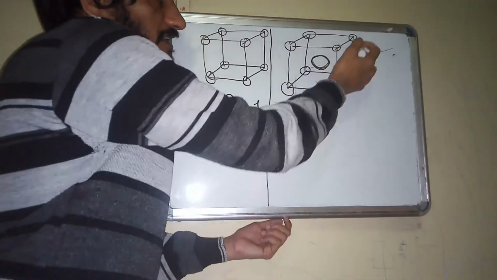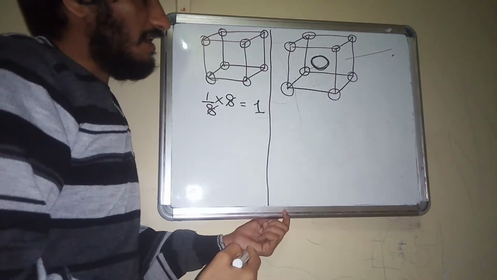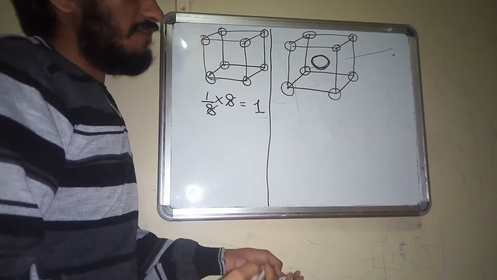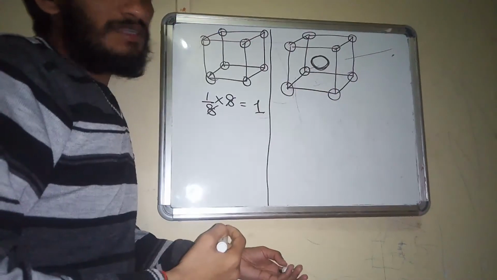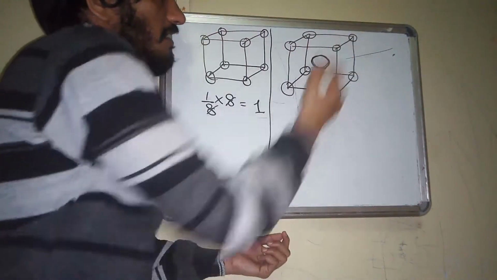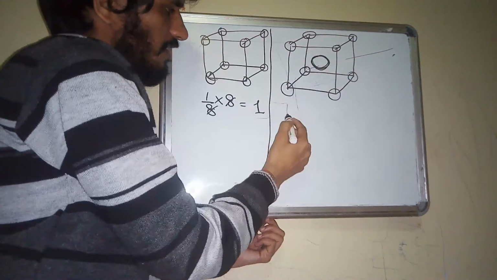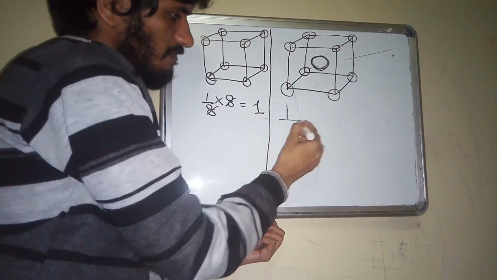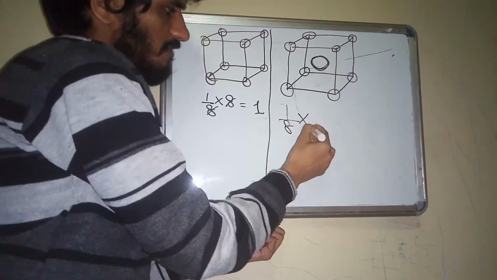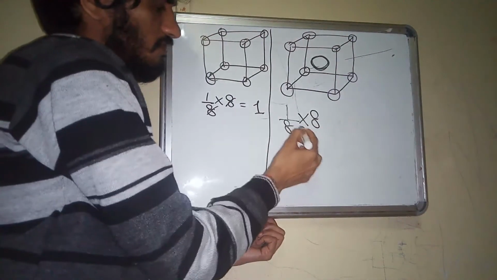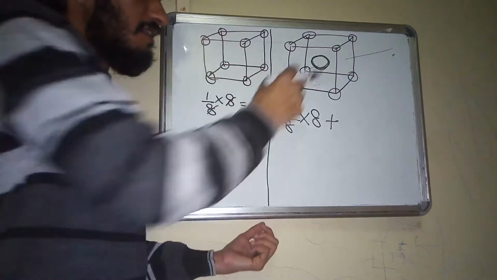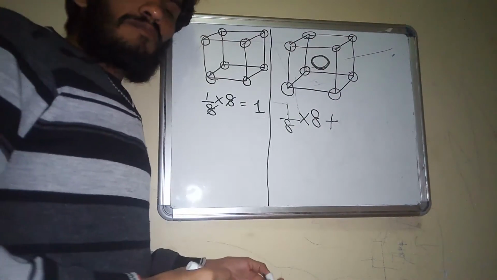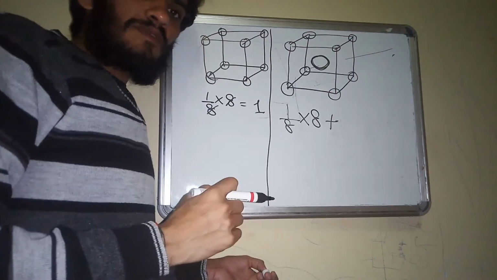Whereas these 8 atoms or 8 lattice points share 1/8 parts. How many corner lattice points are there? 8 corner lattice points, so what is the share of each one? 1/8. And how many are present? 8. Plus in the middle of the unit cell, how many atoms or lattice points are present?